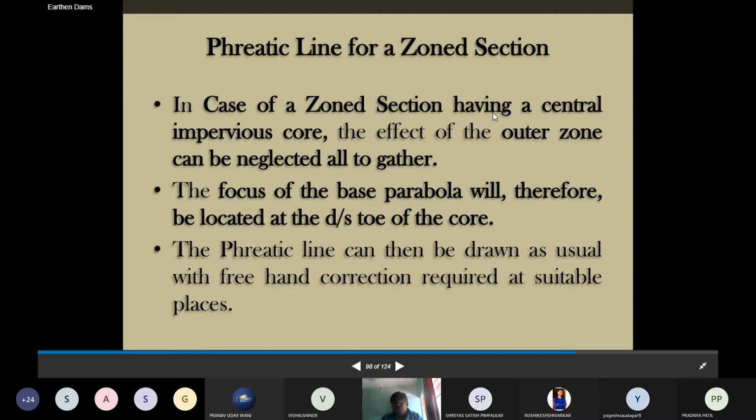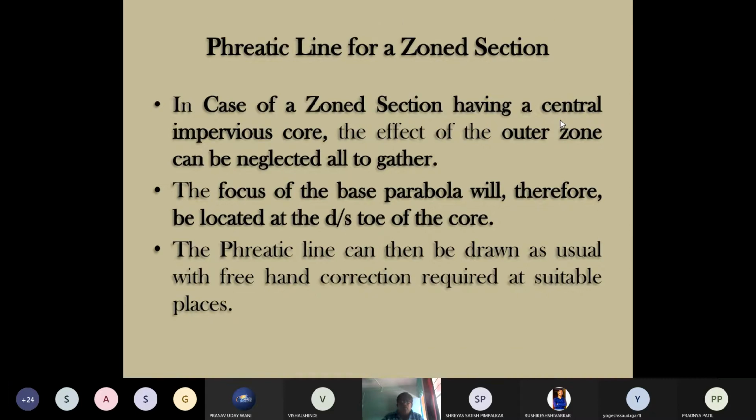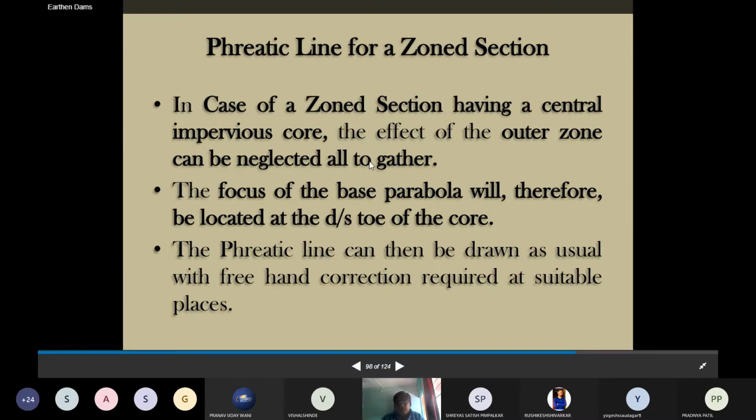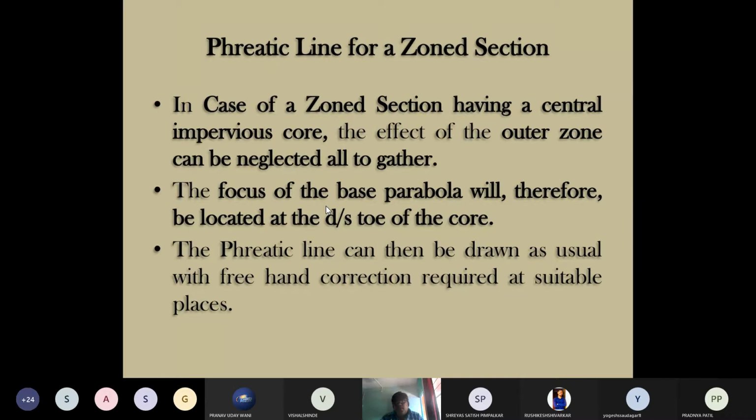So in the case of the zone section, having a central impervious core, the outermost layer is called the casing. So the effect of this outer zone can be neglected altogether. The focus of this base parabola, while locating the phreatic line inside the dam, which will be represented as a parabola, will therefore be located at the downstream toe of the core.